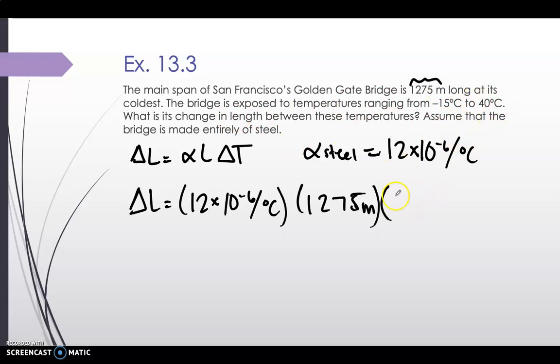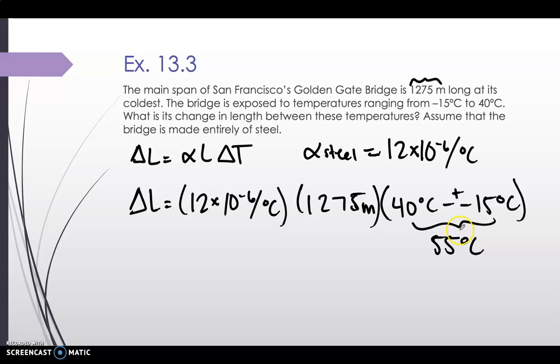So our change in temperature is going to be 40 degrees Celsius minus a negative 15 degrees Celsius. Okay, so this would end up adding. So our change in temperature is actually 55 degrees Celsius.